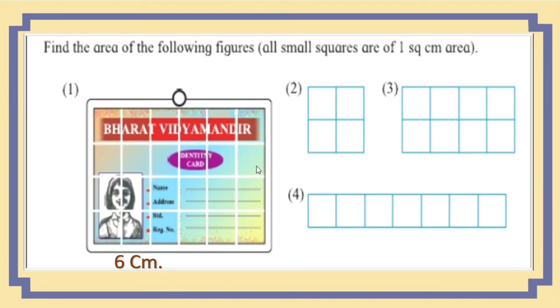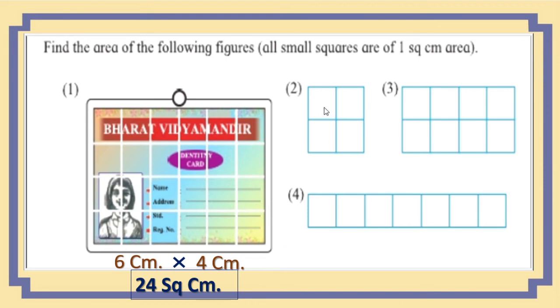See 1, 2, 3, 4. So 6 centimeter multiplied by 4. 4 squares are there. What is the answer? 6 fours are, yes, 24 square centimeter. You have to add square here, because centimeter into centimeter becomes square. So we will write 24 square centimeter.